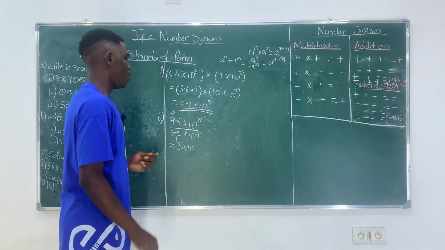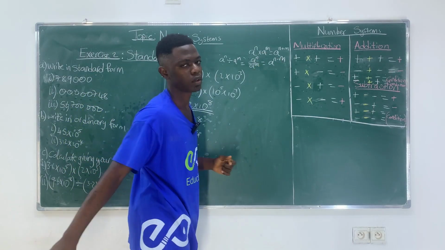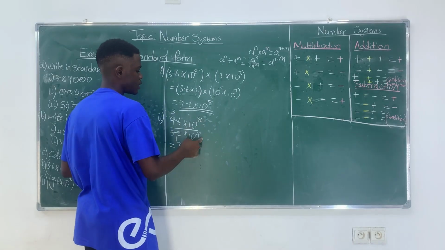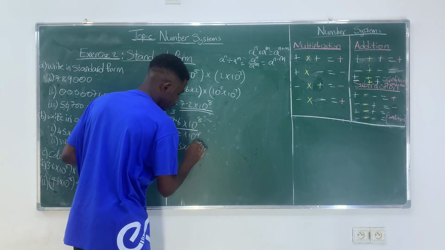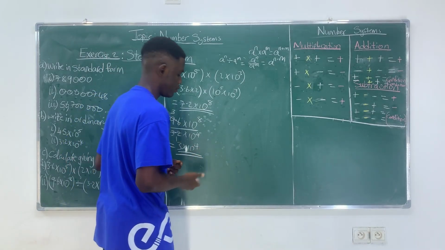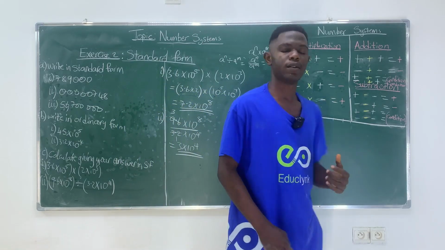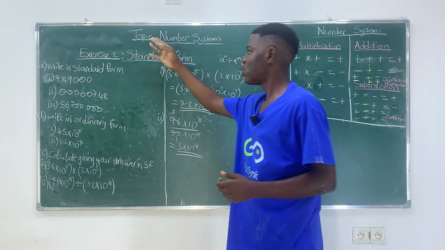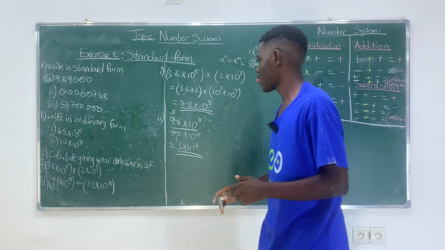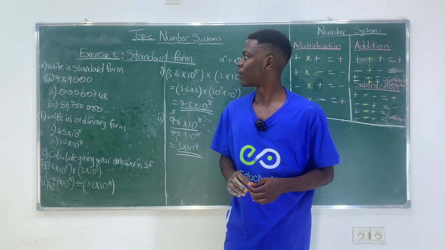It is equal to a to the power n minus m. So the power that is up subtracts the one that is down. So it is n minus m, 8 minus 4, which is equal to 4. And that is how we solve all of this.